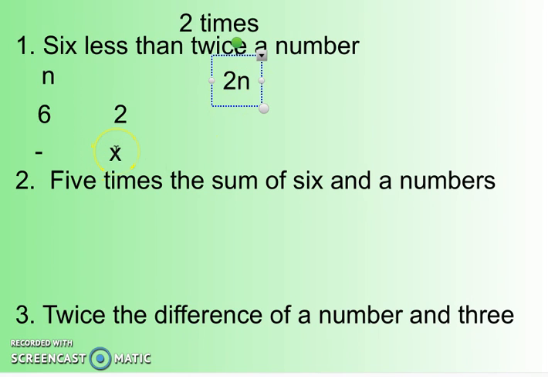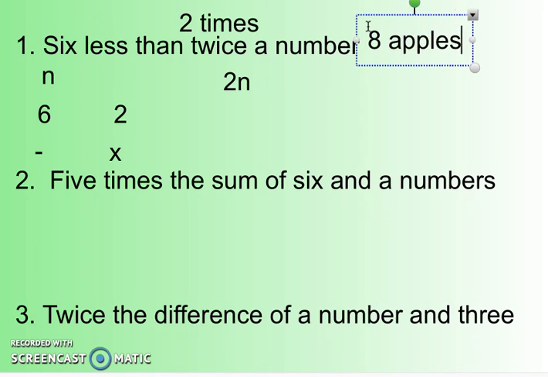We got multiplication done. Now, how do you do 6 less than this? 6 less than that. Okay, think of it this way. Because we don't know what n is, let's just say I have 8 apples, and I asked you to take 6 less than that. What would you do with the 8? And how many apples would you have?